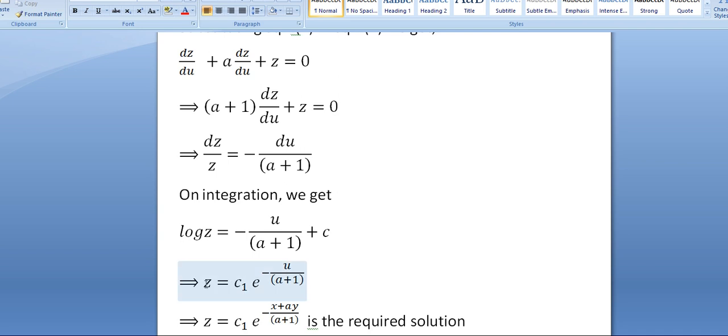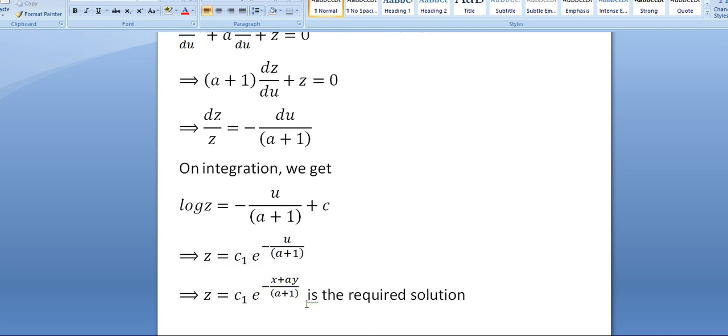We'll get z is equal to e to the power of c, that is nothing but c1, into e to the power of minus u by (a plus 1). Now replace u by x plus ay to get the required solution. Therefore the solution here is z is equal to c1 e to the power of minus (x plus ay) by (a plus 1).